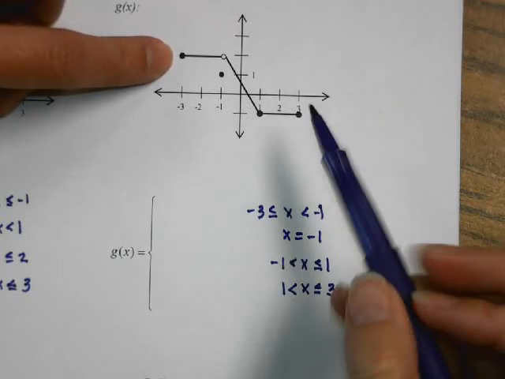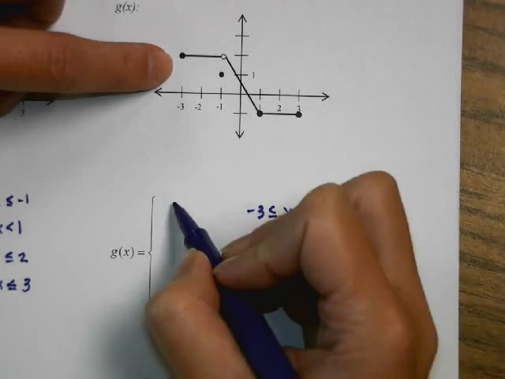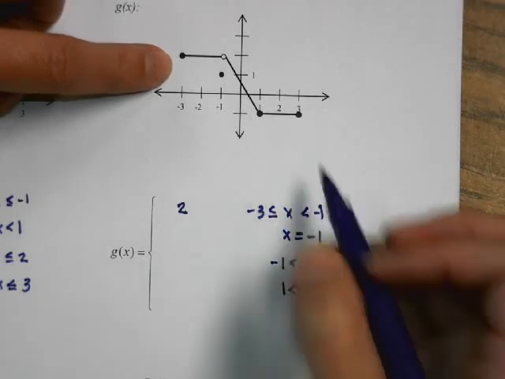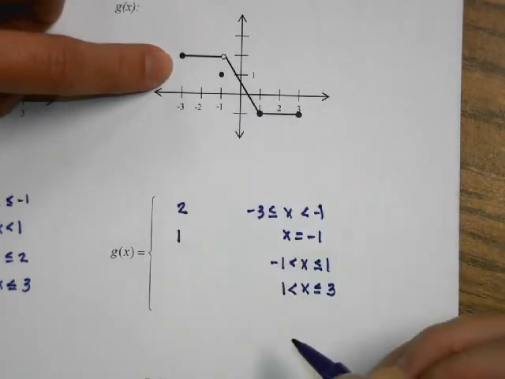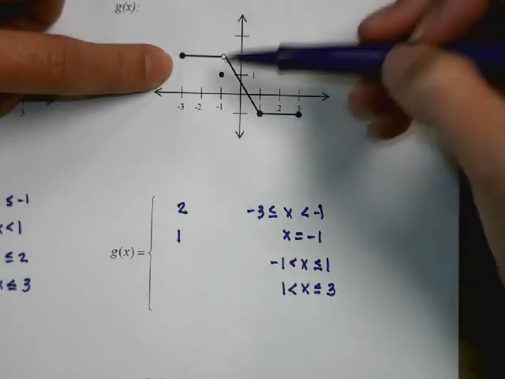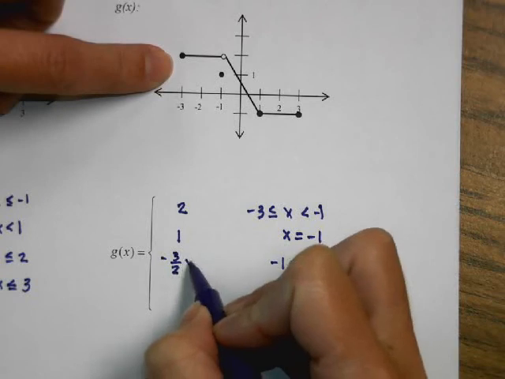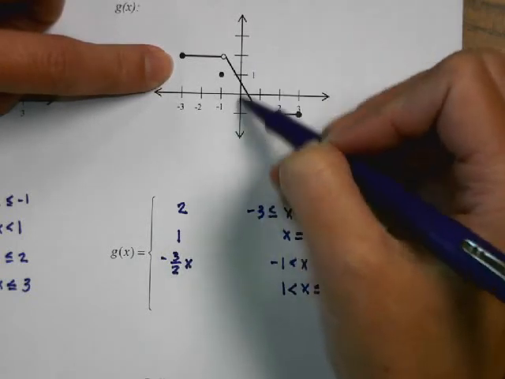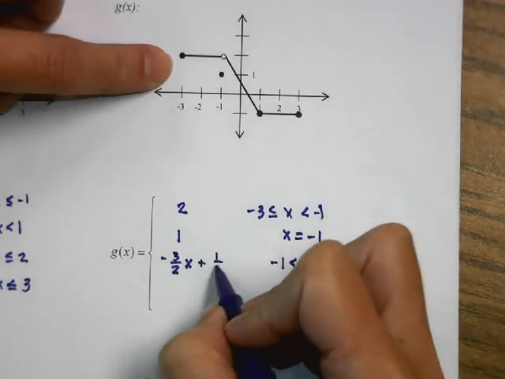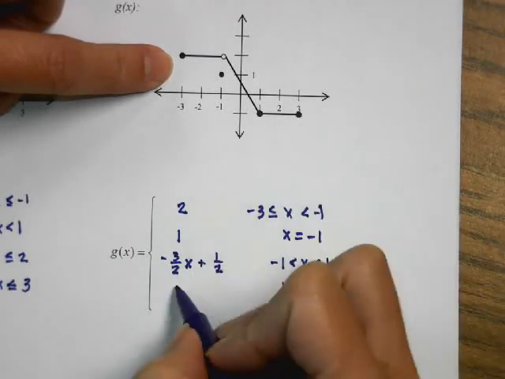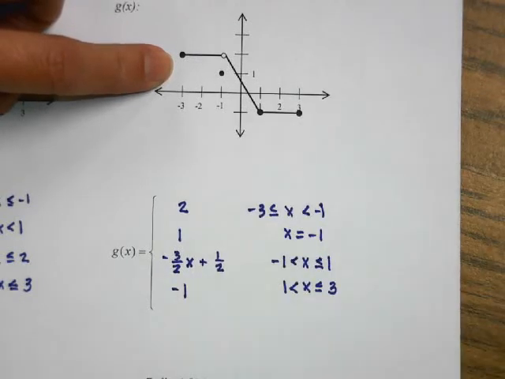Then we'll fill in the formulas. So this is just going to be a horizontal line at 2. At 1, we're at 1. This one, we're going down 3 over 2, so that'll be a negative 3 halves x, and that's going to cross right in the middle there, so plus 1/2, and then a y value of negative 1.